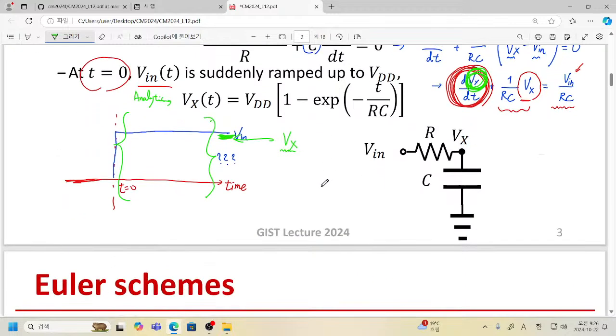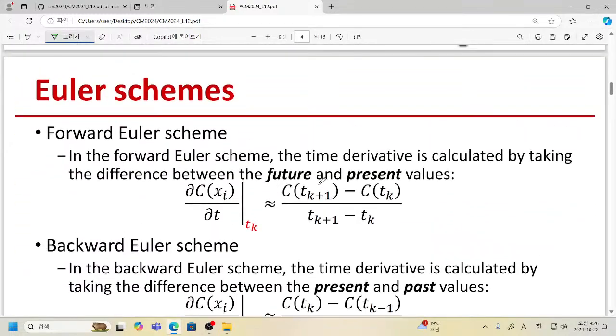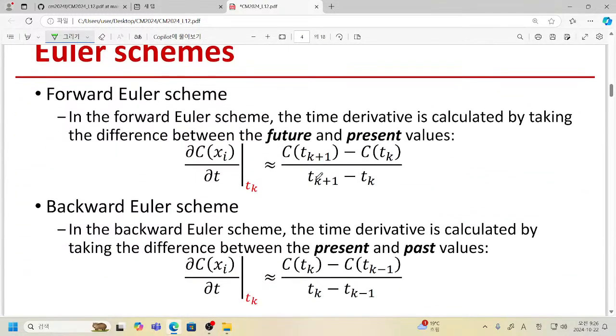I think that will give you some clues about the difference between two different Euler schemes. Here we have two different schemes to discretize time dependencies. However, they share the same name, Euler.